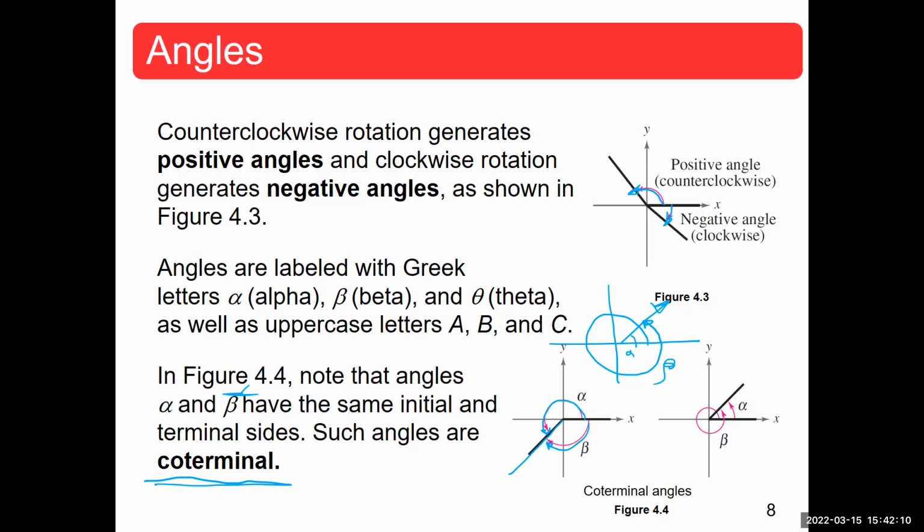Actually, as we're going to find out, I can go around and around forever. If we always stop at the same location, it's called a coterminal angle. The smallest one is really the basis, and we're going to learn it has a name.